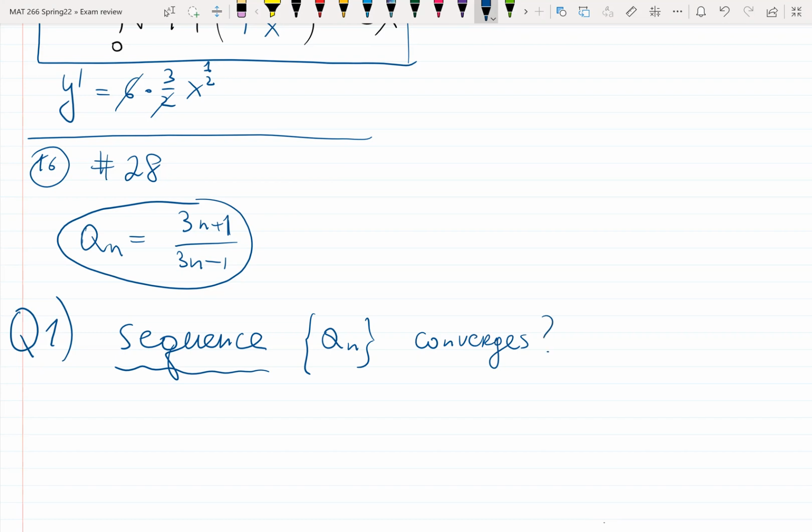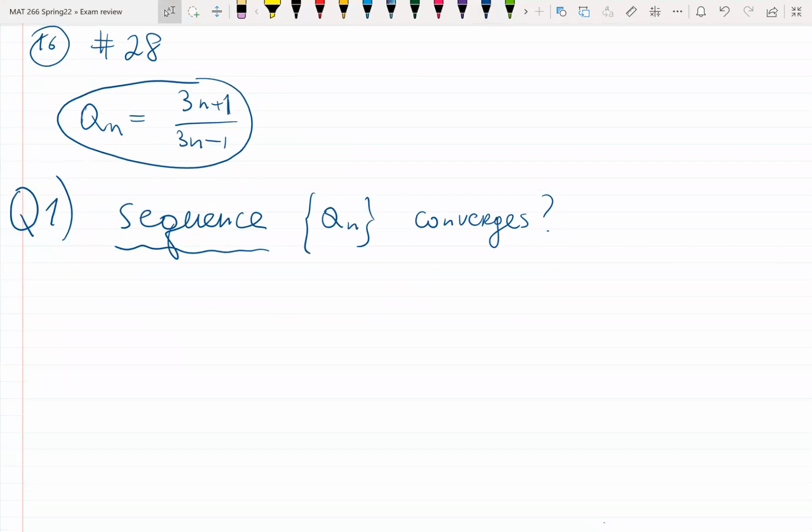And if it converges, to what? With a sequence, you check the limit. That's it. You just remember, for a sequence, check the limit.